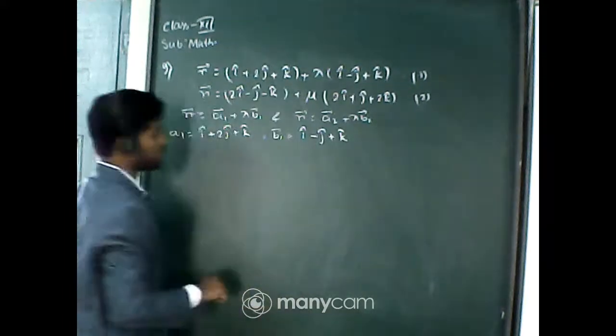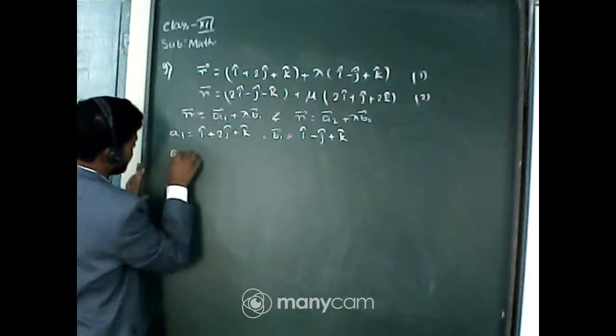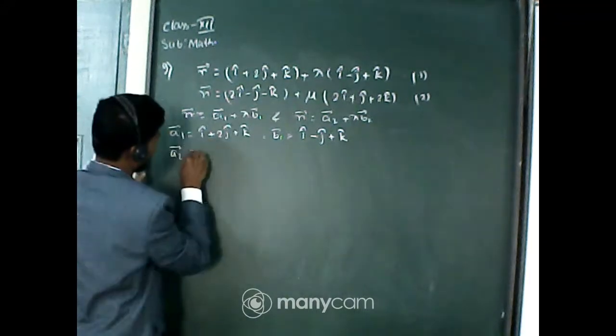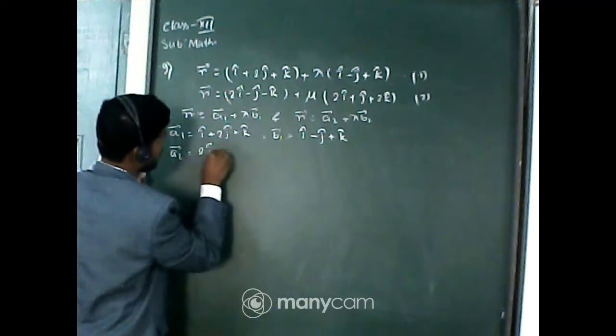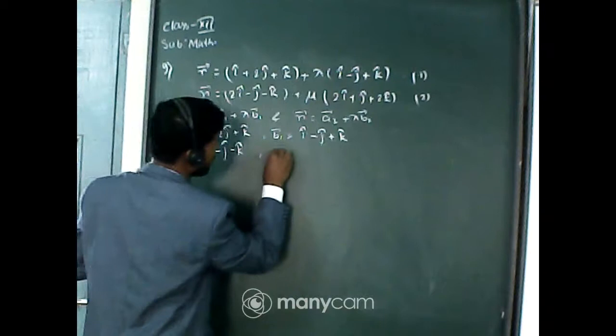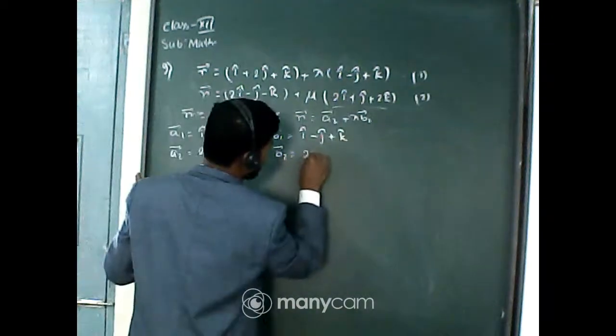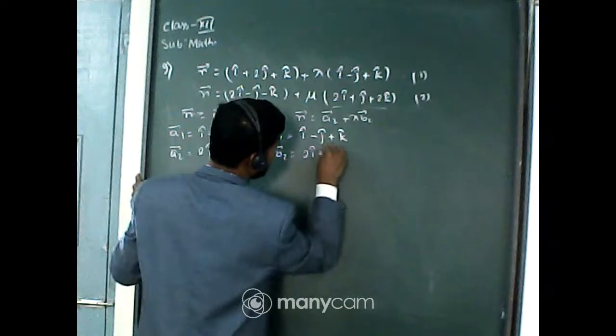Similarly a2 vector will be 2i vector minus j vector minus k vector, and b2 vector will be 2i plus j plus 2k.